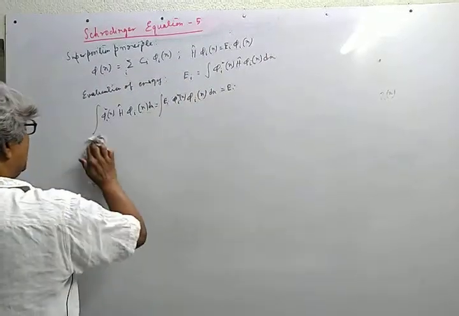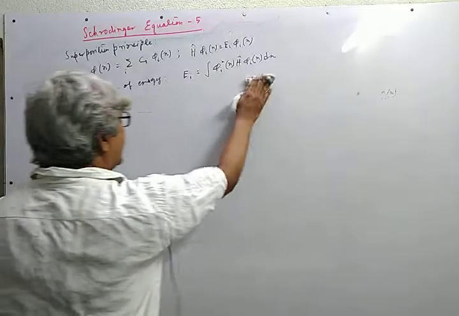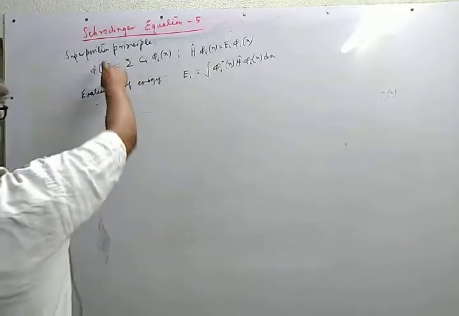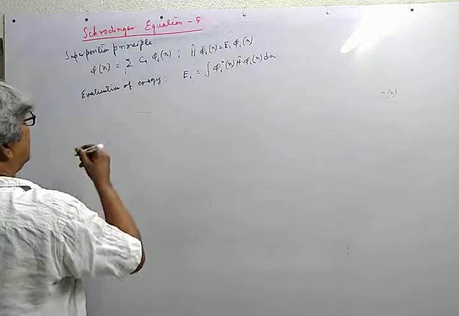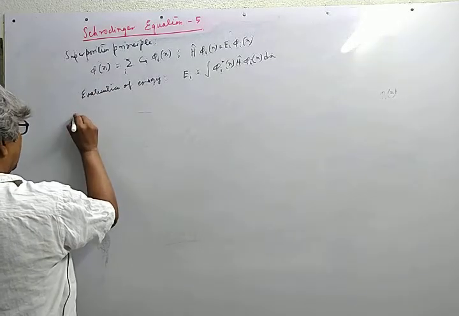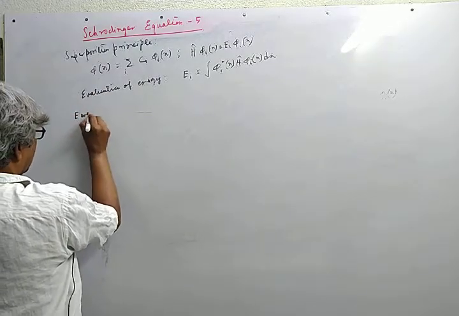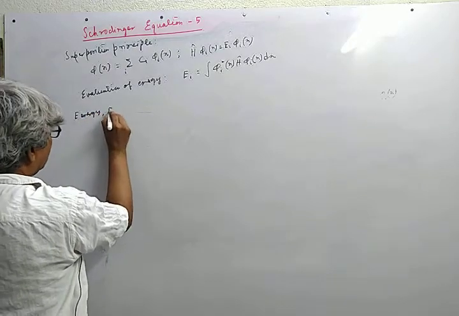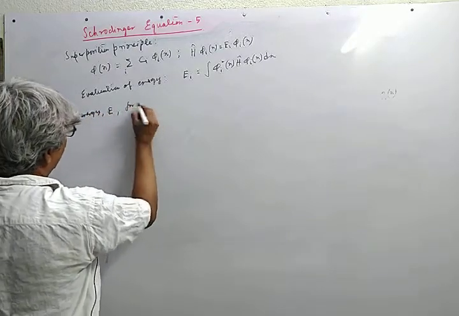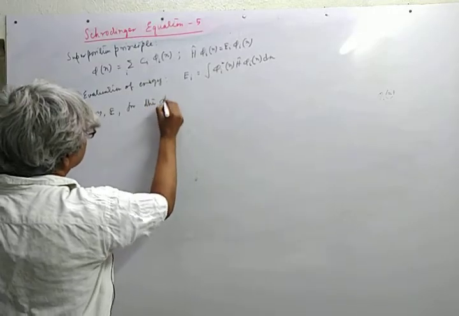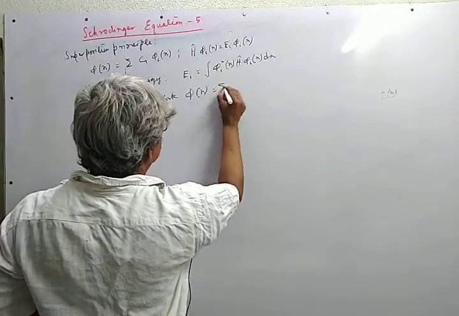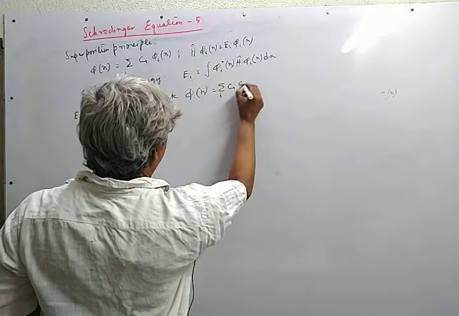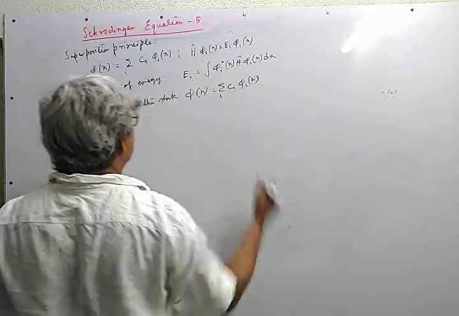This is the prescription. So if we want to find the energy corresponding to this state, let the state phi of x be equal to the summation over i of Ci phi i of x.